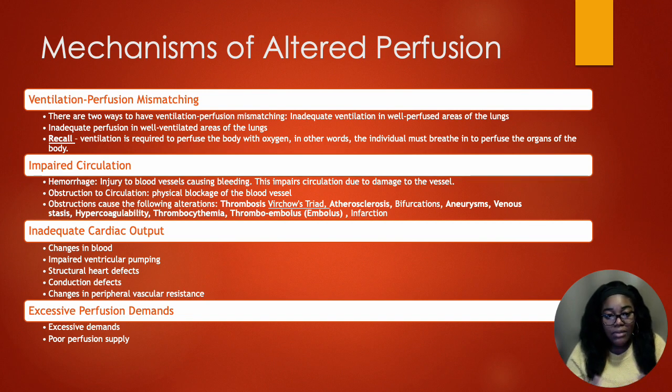Anytime you see any of these three issues, and most times they happen in a triad, that's why they do call it Virchow's triad, you most often see a thrombosis form or clot form. So again, when we see these clots, that impairs circulation and ultimately causes alterations in perfusion. So if you don't remember anything else, understand what Virchow's triad is and how that impairs circulation.